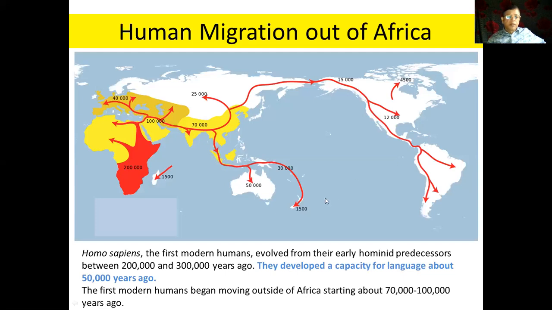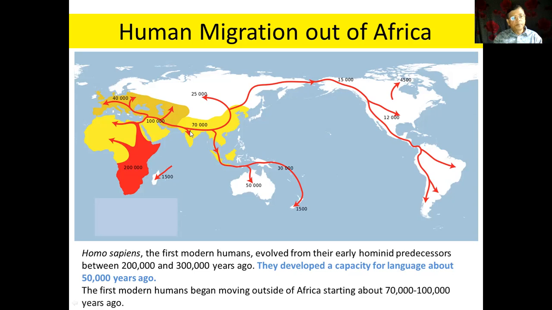You are familiar with this slide, which we showed the last time, that human beings evolved in Africa and then moved to different parts of the world. This arrow shows the movement. And they populated the whole earth. The migration started about 100,000 years ago.